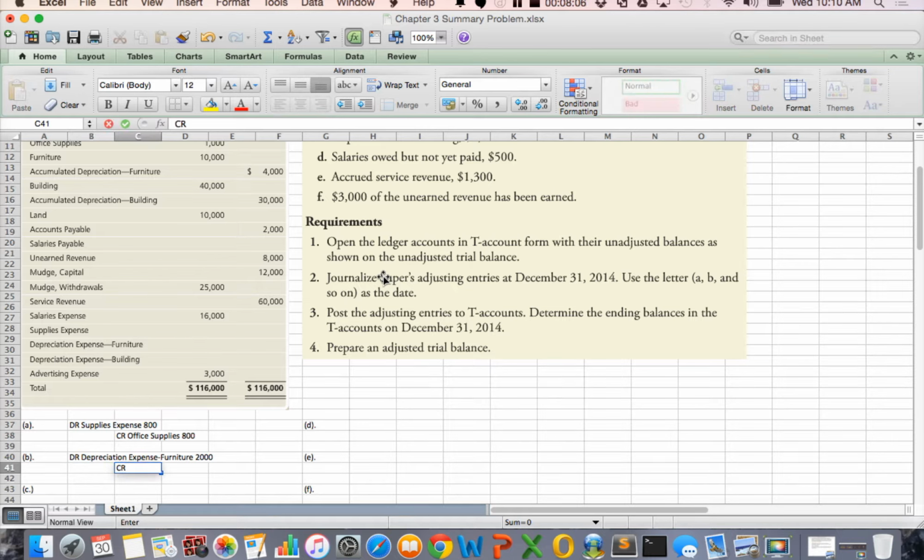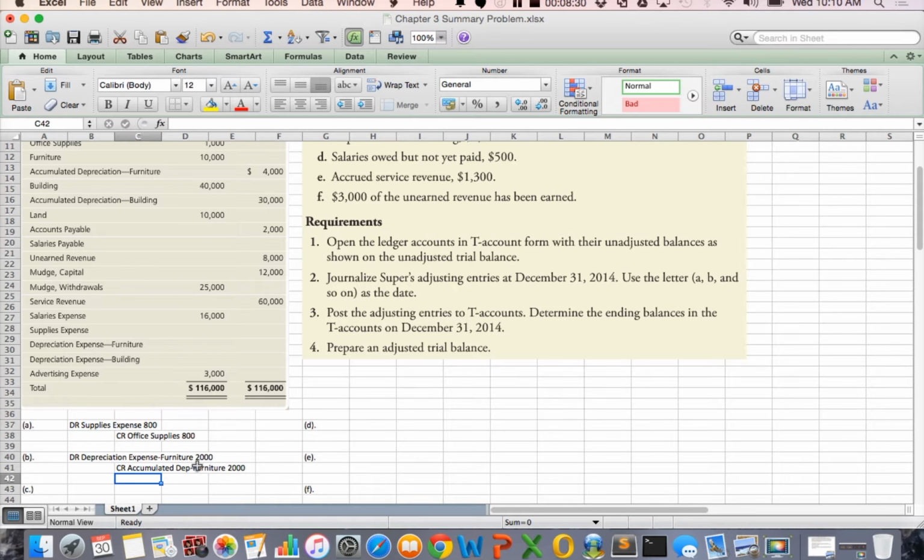The format is going to be credit to accumulated depreciation. And if you look up here, we have two accumulated depreciation accounts, one for furniture, one for building. So I will just label this one as furniture. And that's my journal entry for that one.